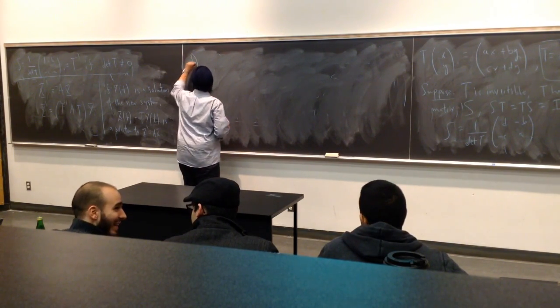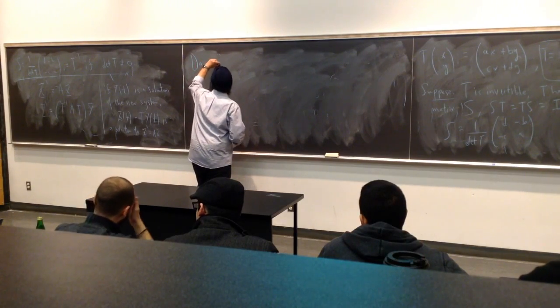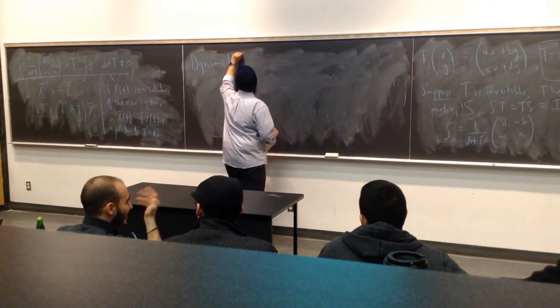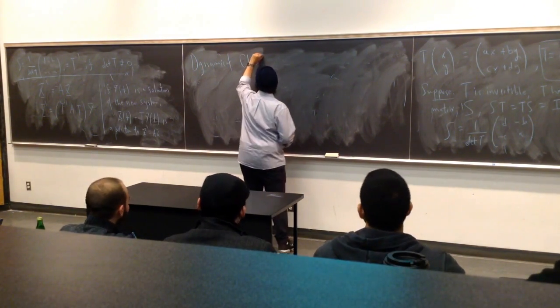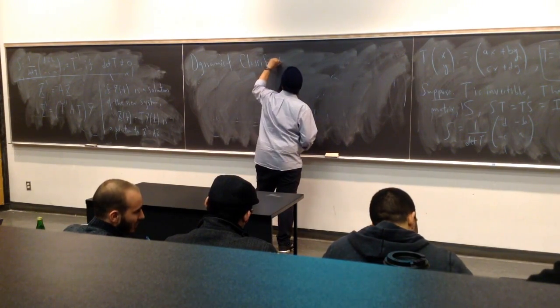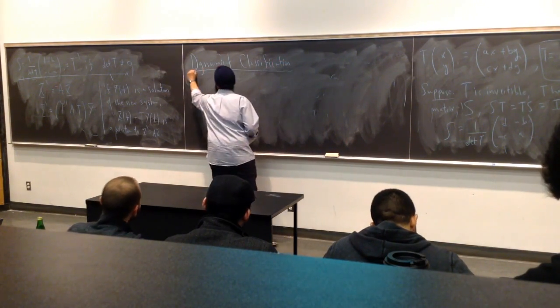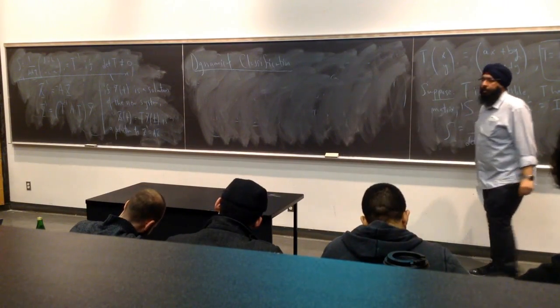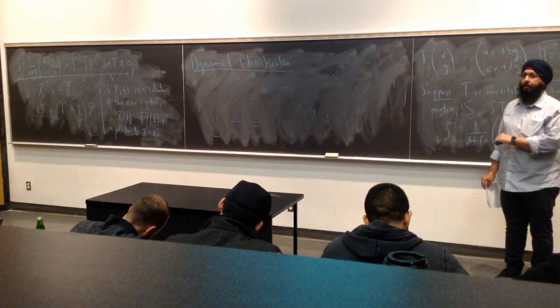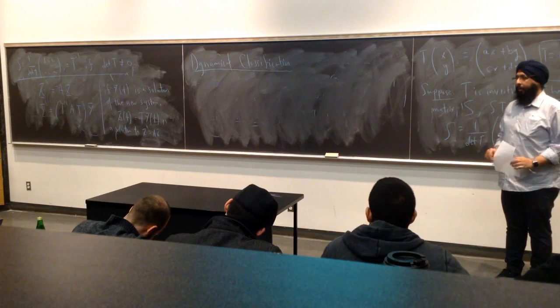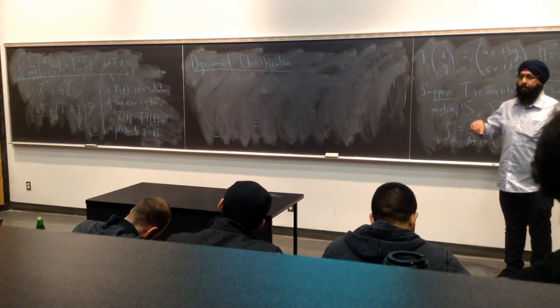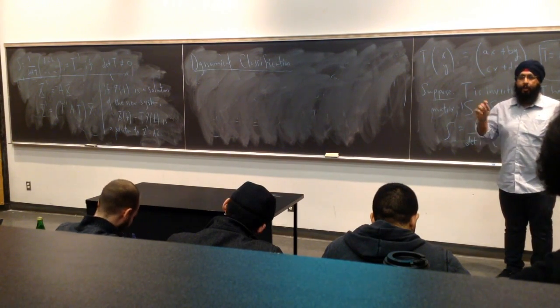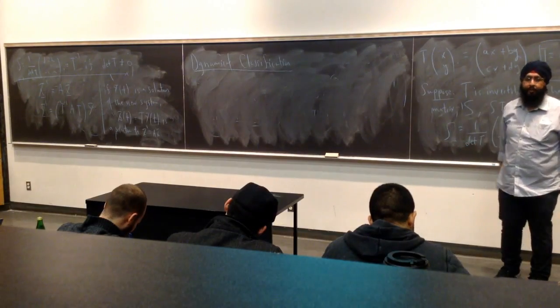So let me come to the following subtopic, which is called dynamical classification. One of the most important things in dynamical systems theory is not the behavior of solutions themselves, but the long-term behavior of these solutions.